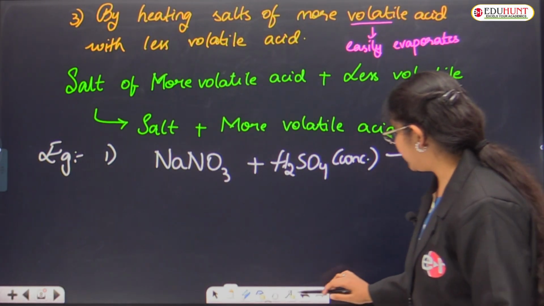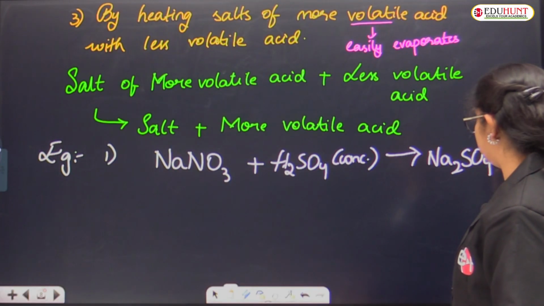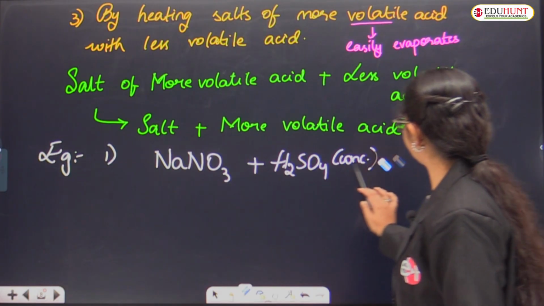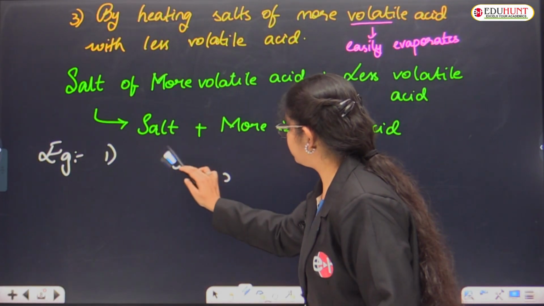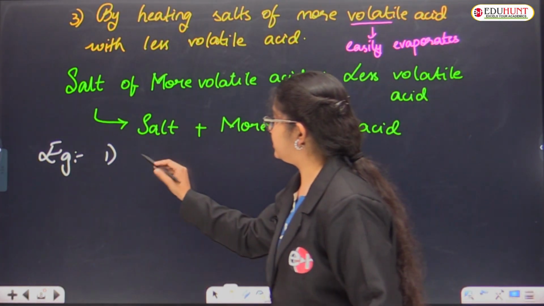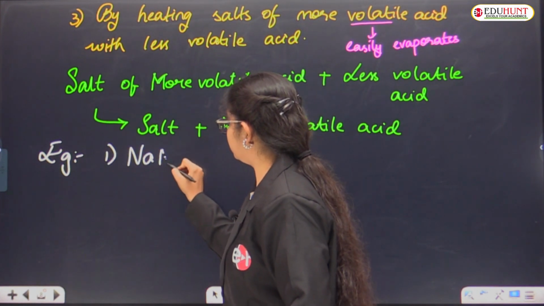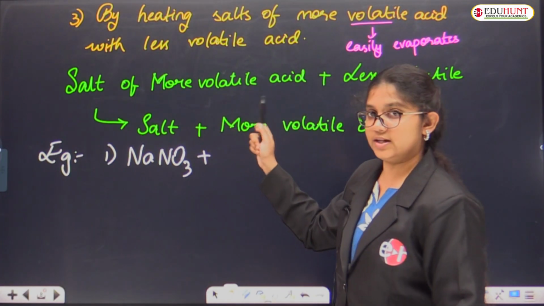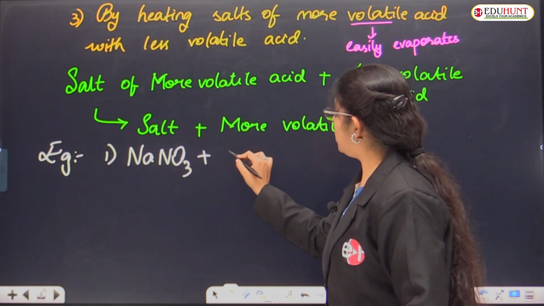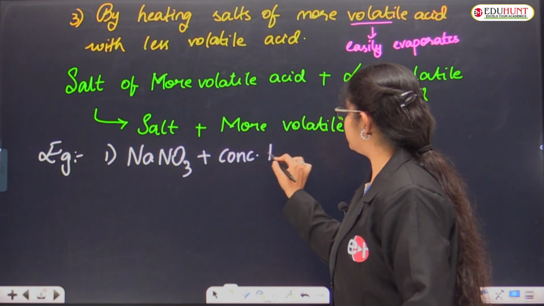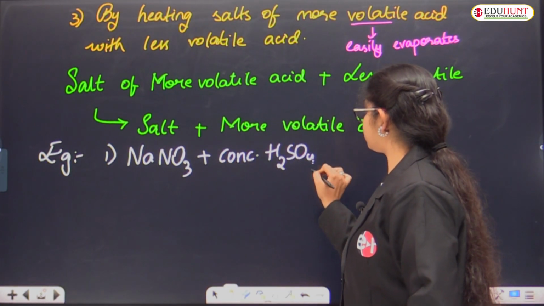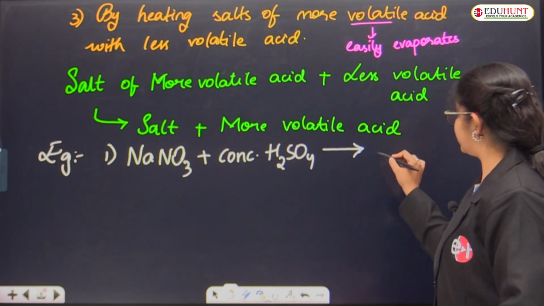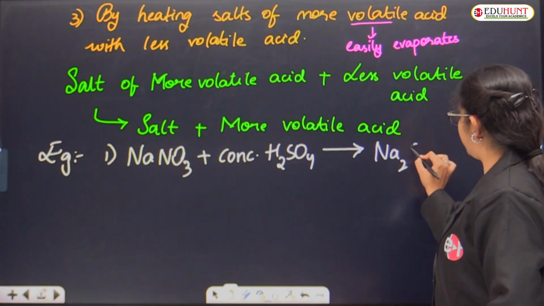I just want to make sure it is short. Shall I write it here? Okay, once again. I'll just write small for you. See, NaNO3 reacting with, this is salt of more volatile acid. And less volatile acid is concentrated sulfuric acid. It gives rise to salt. Now which salt is that? It is Na2SO4.